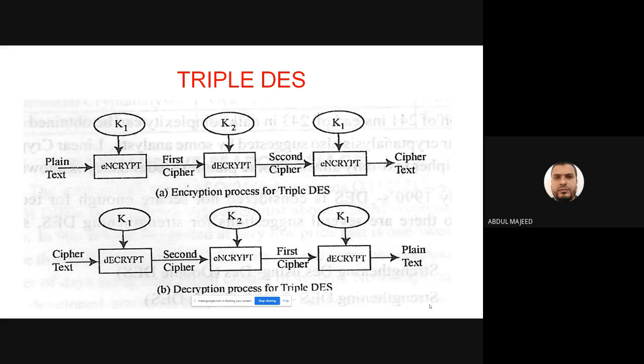We divided the data into two halves. Original input size is 64-bit, but it got divided into two halves, 32-bit and 32-bit. Then we are processing that data.